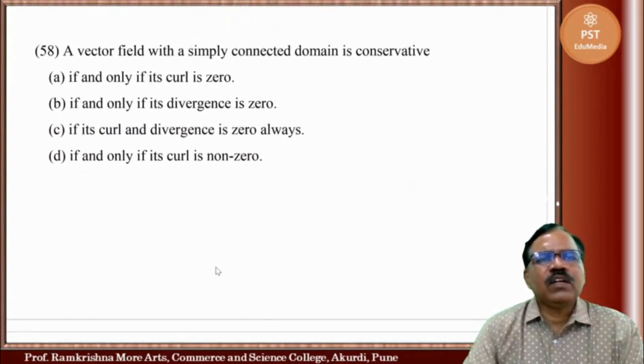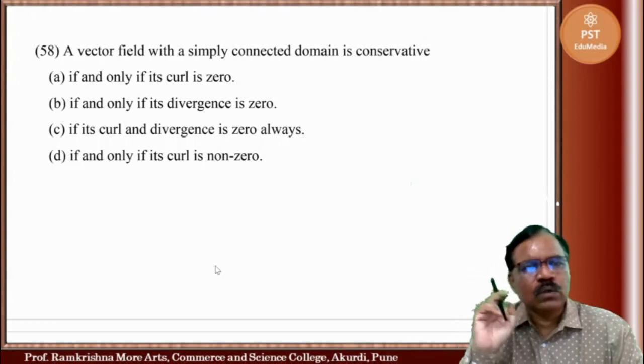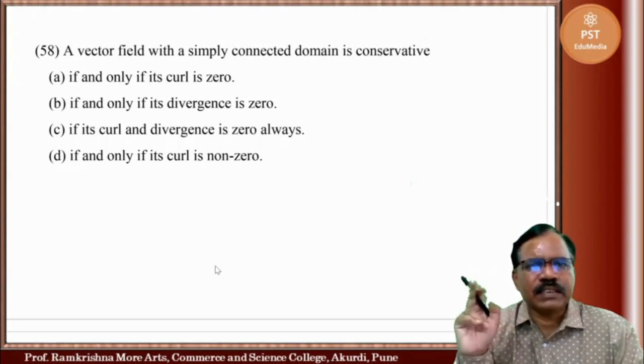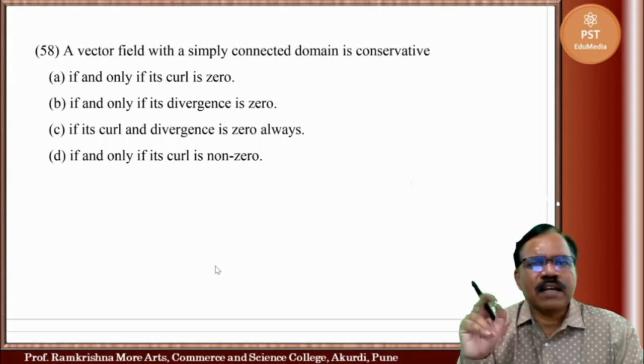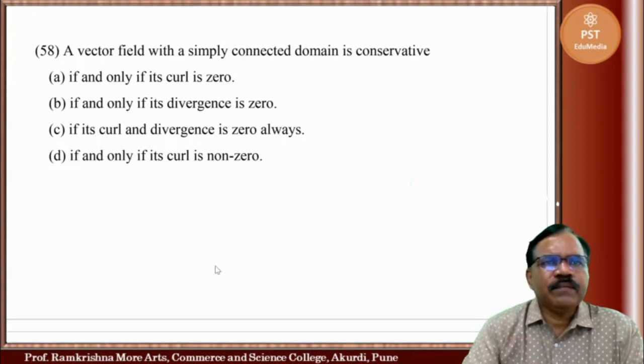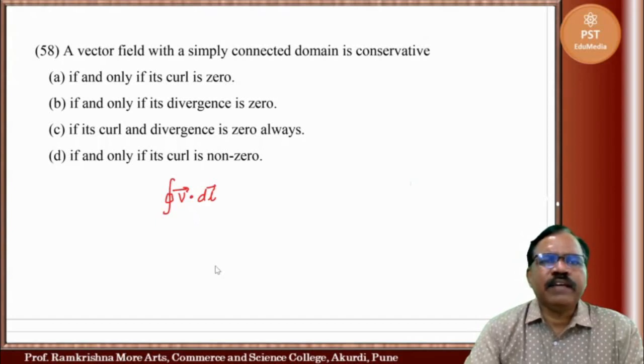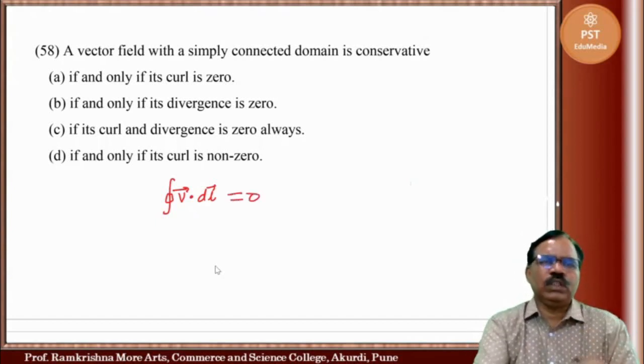A vector field with a simply connected domain is conservative if and only if its curl is 0. Now the vector field is said to be conservative when the line integral along a closed path in the vector field is equal to 0.